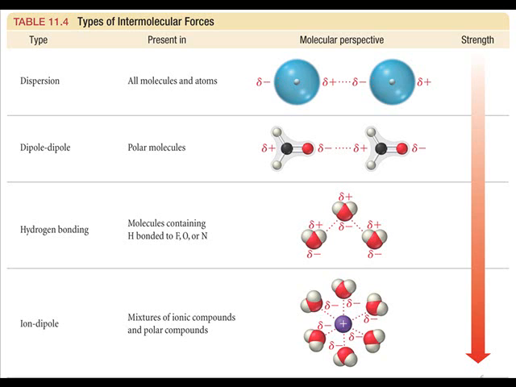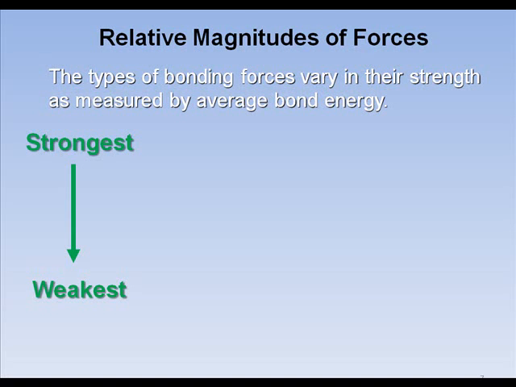And finally, you have the ion dipole. When you put an ionic compound, for example salt, Na plus Cl minus, in water, the water molecules become oriented in such a way that they surround the ion that is dissolved in it. That's referred to as the ion dipole.